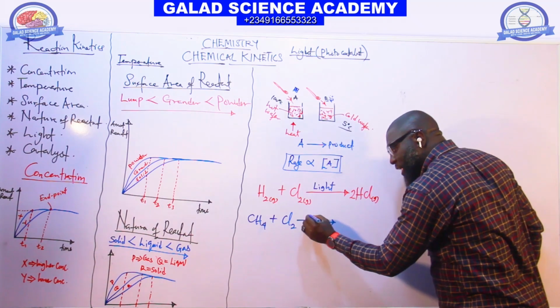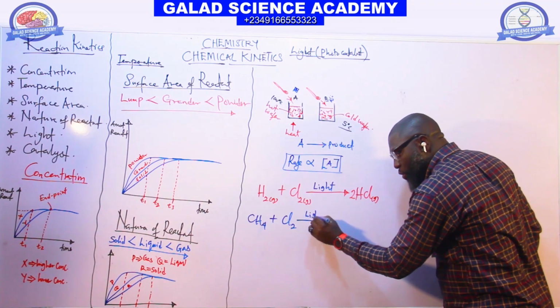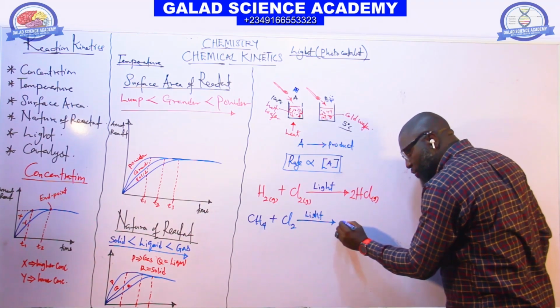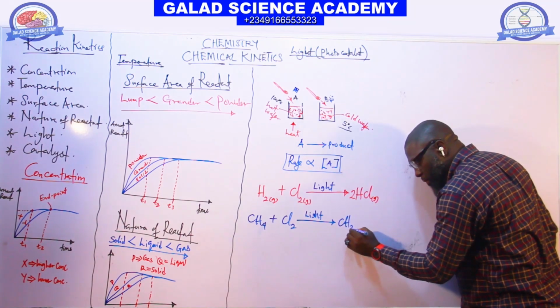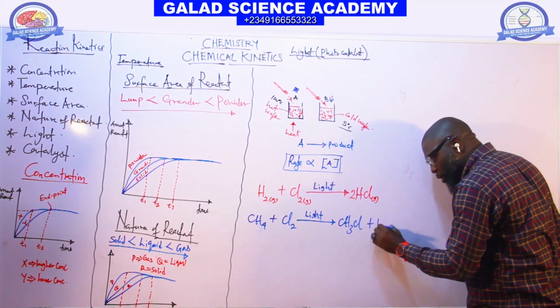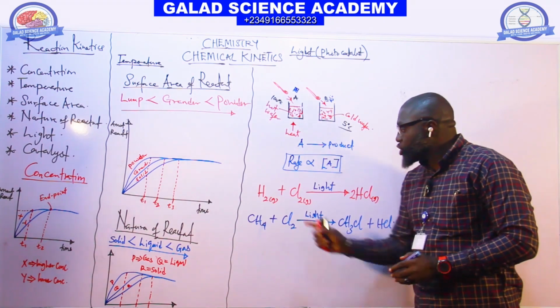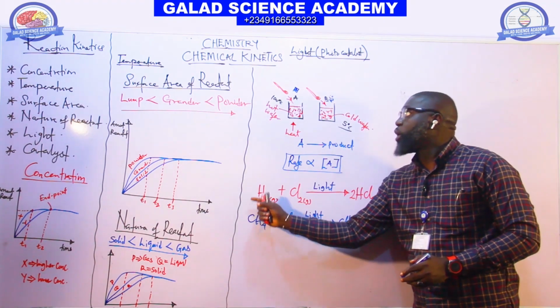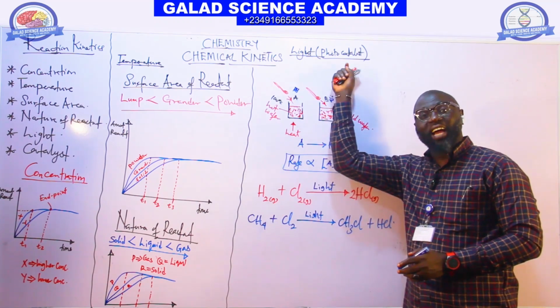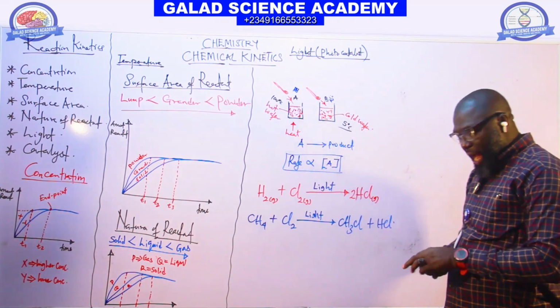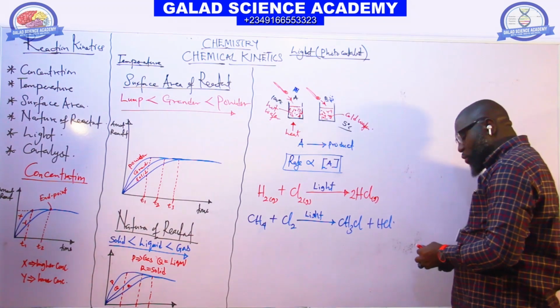So we use light as catalyst for this reaction to give us chloromethane plus HCl. So this reaction is also another example of a reaction in which light serves as catalyst.